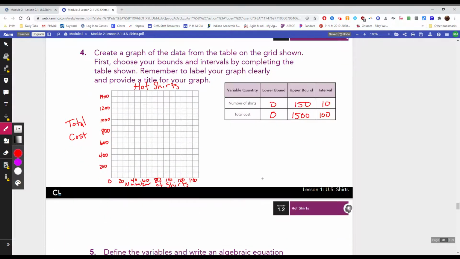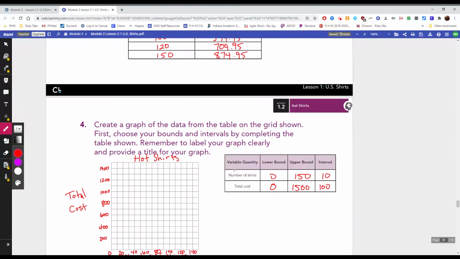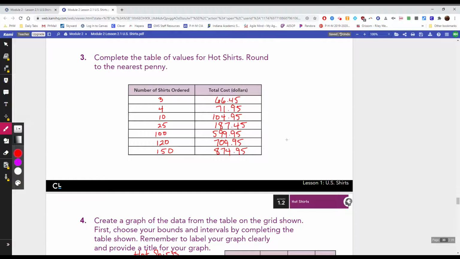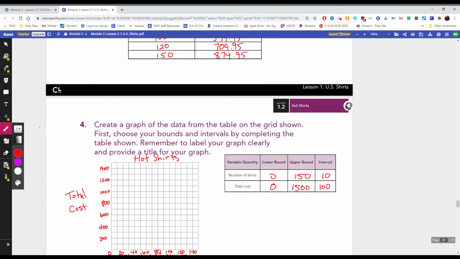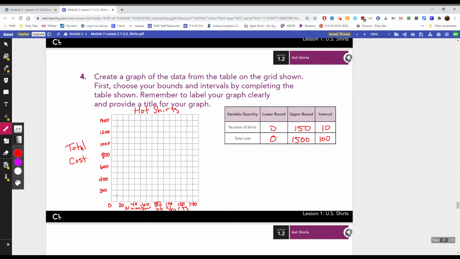And now I think we're ready to graph. So again, we're going to use some estimation here. Let's start with some of the easier ones. 10 shirts was almost 105. So 10 shirts is located right here, just over $100. So just slightly above.